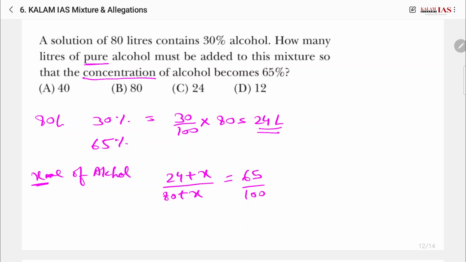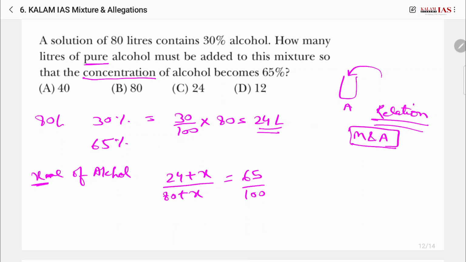As you can see, this is a kind of mixture. Quantity A, quantity B is added, and now we have to find the relation between this new quantity. So a kind of problem of mixture and alligation where both concepts are applied. Again, no formulas required. We will just cross multiply both the sides.